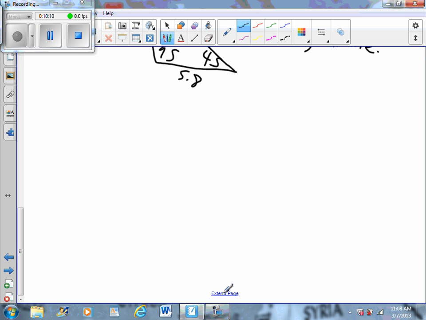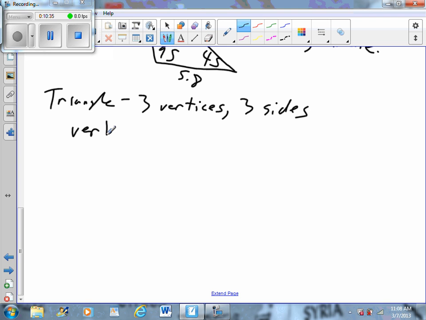Okay, let's get another couple of concepts down here before we move on. In talking about triangles, another way to think about it, it has 3 vertices and 3 sides, okay? Vertices, that's plural for the word vertex. So what do we mean by the word vertex?